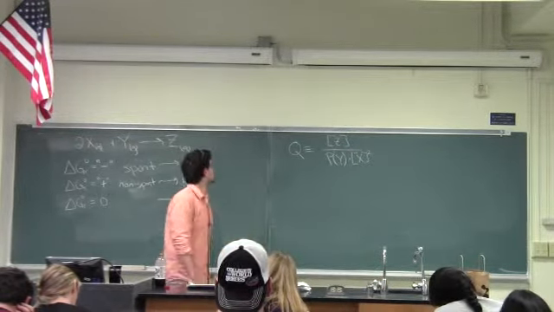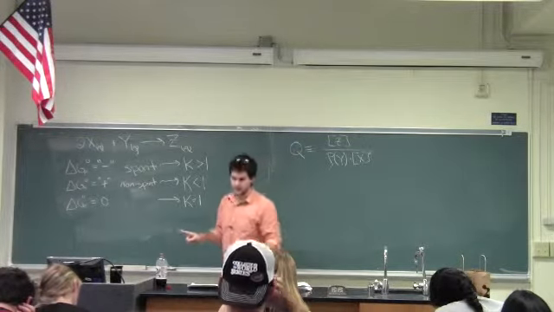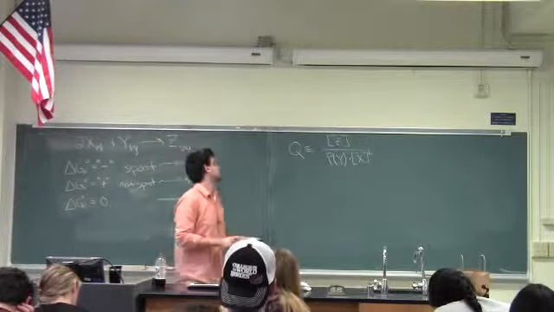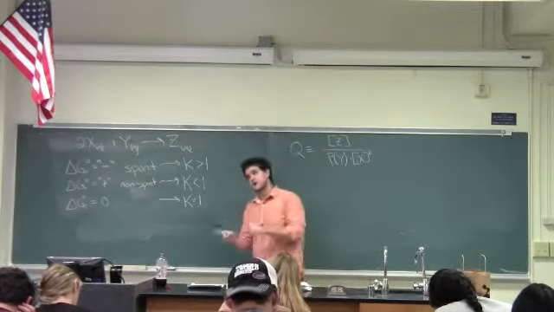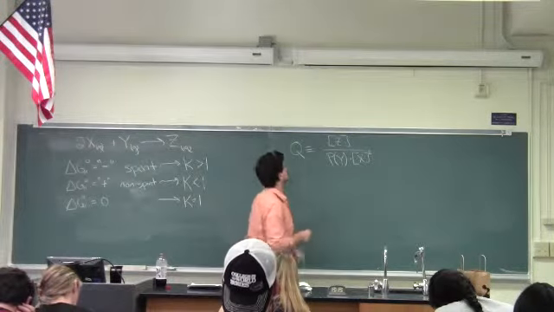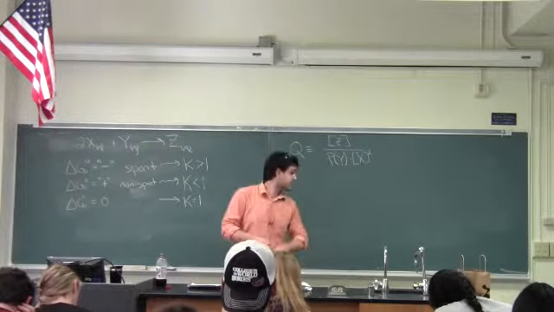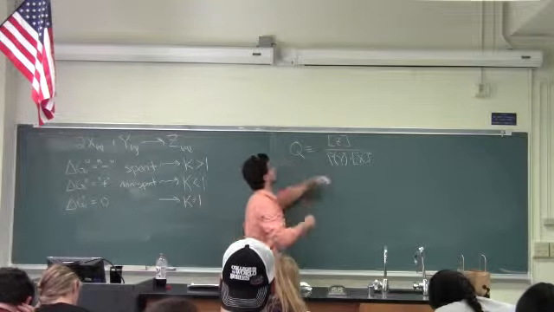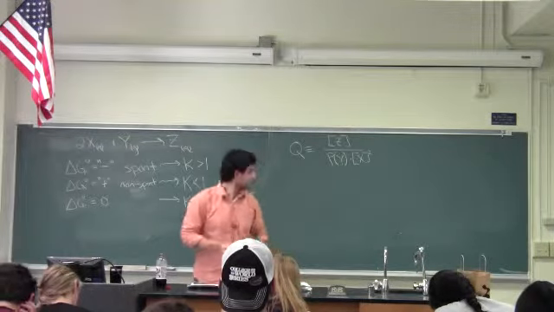Now, Q is not K. It takes the same form, but the two are not going to be the same unless we are at equilibrium. What Q tells me is where my reaction is going to go given a set of conditions. So in the standard state, all these are going to be 1, for example. But I could make up any different number of concentrations for all 3 of these species. They can be different, they can be the same. Doesn't really matter.